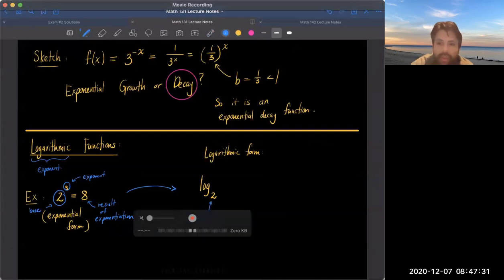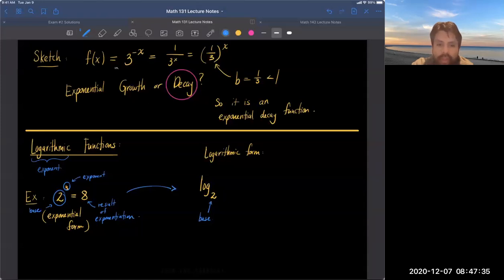Now the difference is a structural difference. This is log base 2, and then I rewrite this with parentheses. This whole thing is the name of the function: the logarithmic function with base 2.